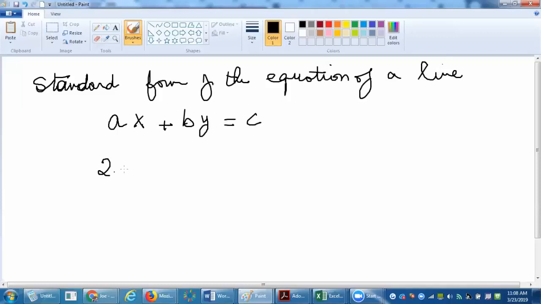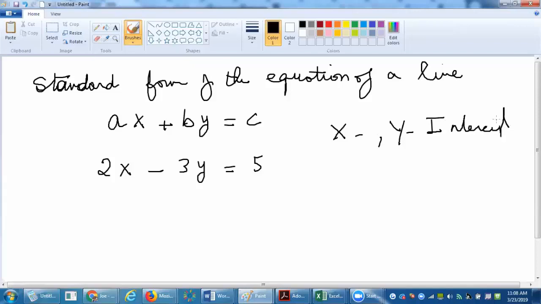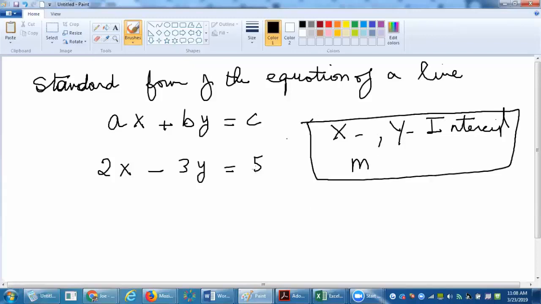An example would be, let's say, 2x minus 3y equals 5. And what we need to know here is how to find the x-intercept, y-intercept, and the slope. So the question is to find the x- and y-intercepts, and how do we find the slope m for an equation given in standard form.